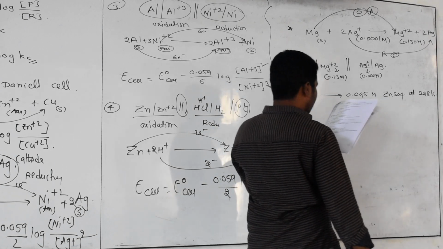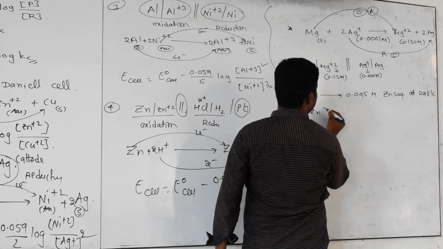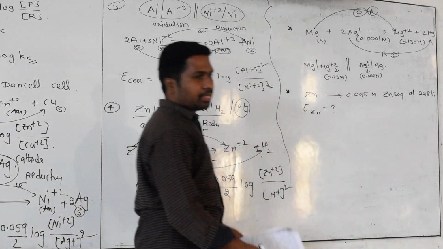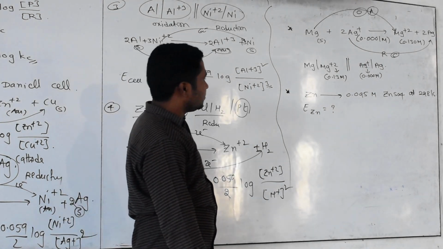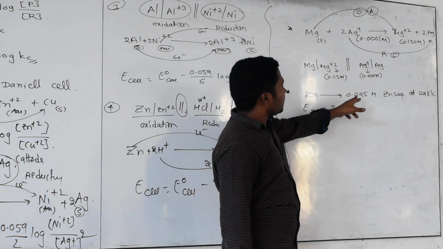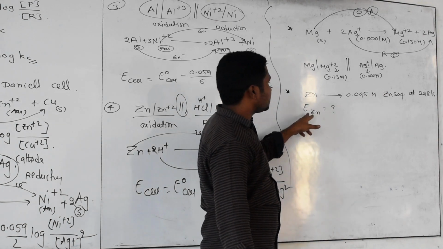What is the electrode potential of the zinc rod? It is a very simple question for competitive exams, just one mark, just one step. A zinc rod dipped in some concentration of solution at room temperature. What is the electrode potential?